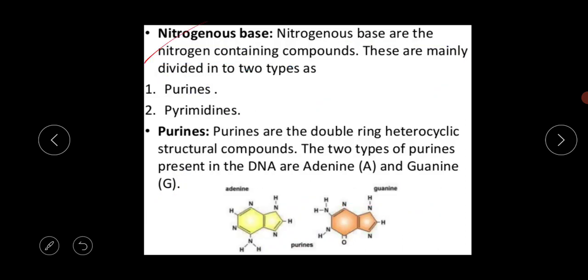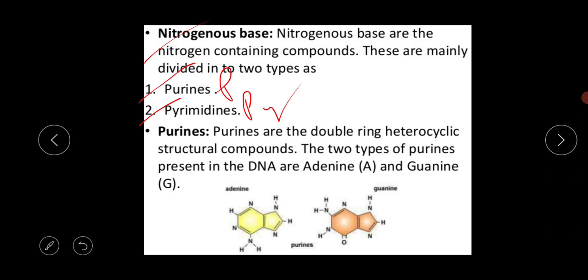Next is the nitrogenous base. It is a nitrogen-containing organic molecule having the physical properties of a base. There are 2 types of nitrogenous bases in the DNA structure: the first one is purine, and the second one is pyrimidine. This is very important for your exam.